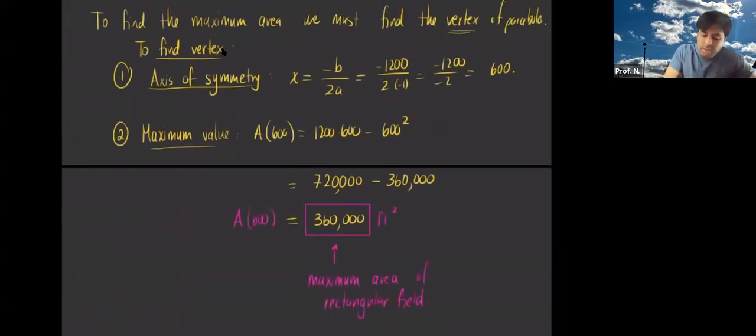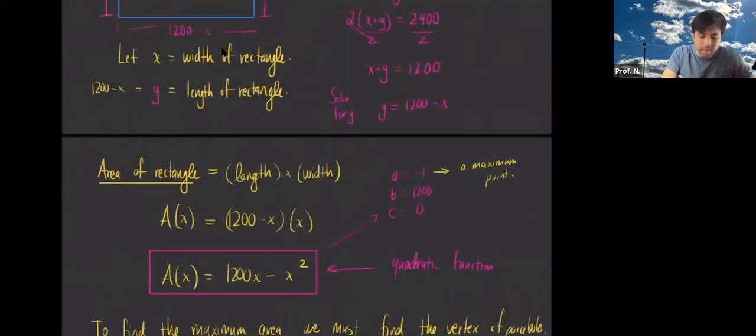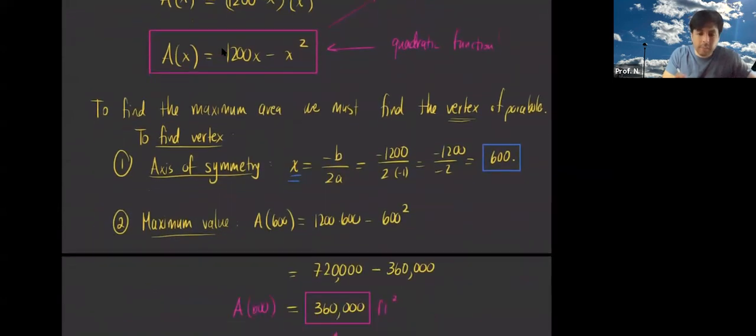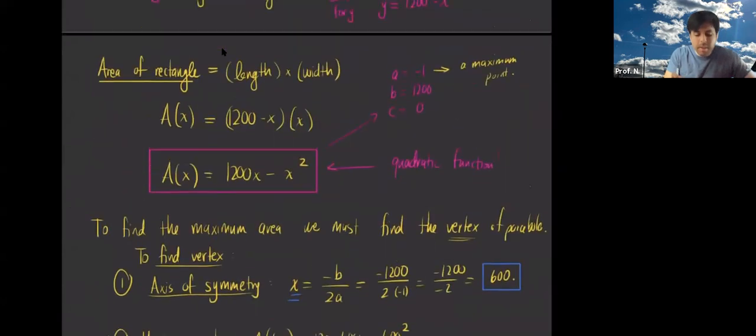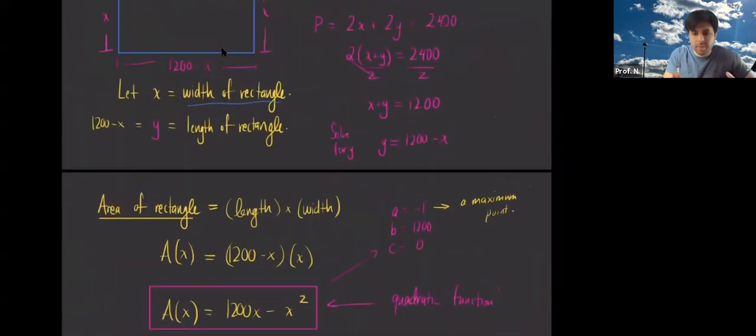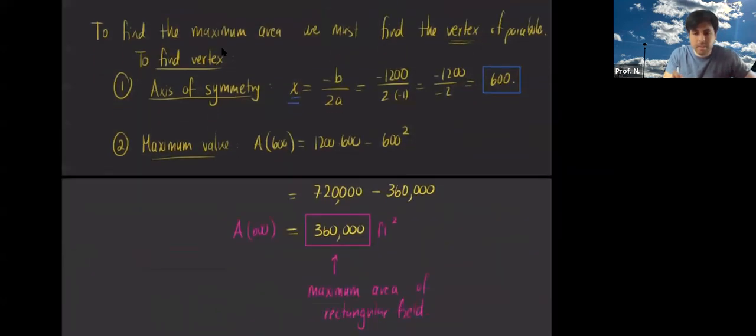I know that 600 represents the x value. And what does the x value represent again? The width. So I get a maximum area of 360,000 square feet when the width of the rectangular field is 600 feet.